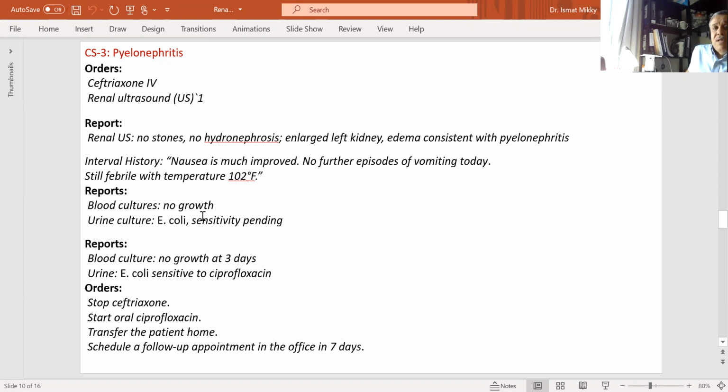So the renal ultrasound is requested too, because you can identify if there is any stones, strictures, tumors, obstruction.